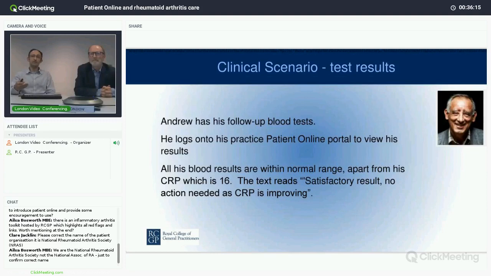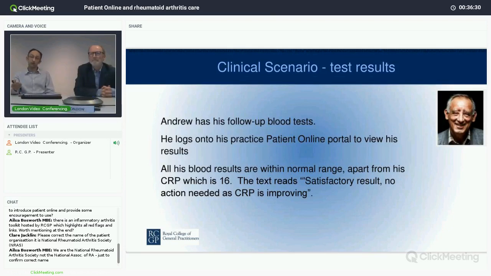Now, he's recently been in contact with his secondary care team because he's recently had a flare, and he was asked to get some follow-up blood tests because his CRP was much higher previously, but it's now 16. His GP reads his latest CRP result and writes that his CRP is satisfactory and no action is needed with regards to CRP because it's improving.